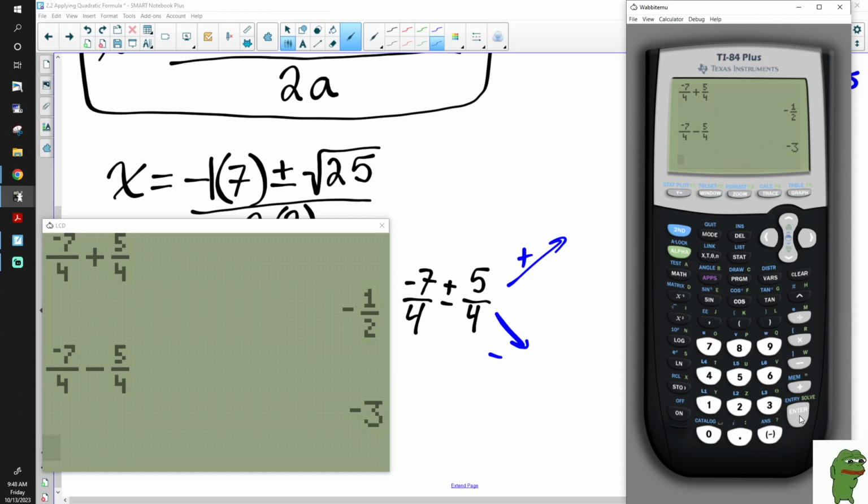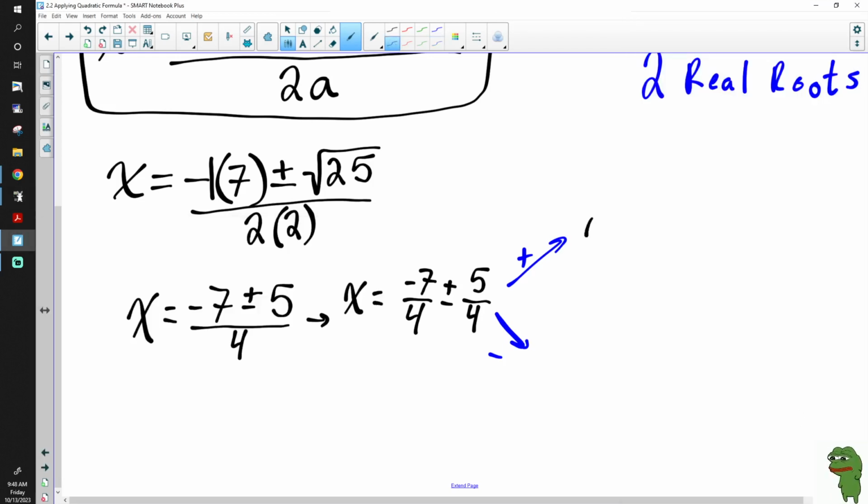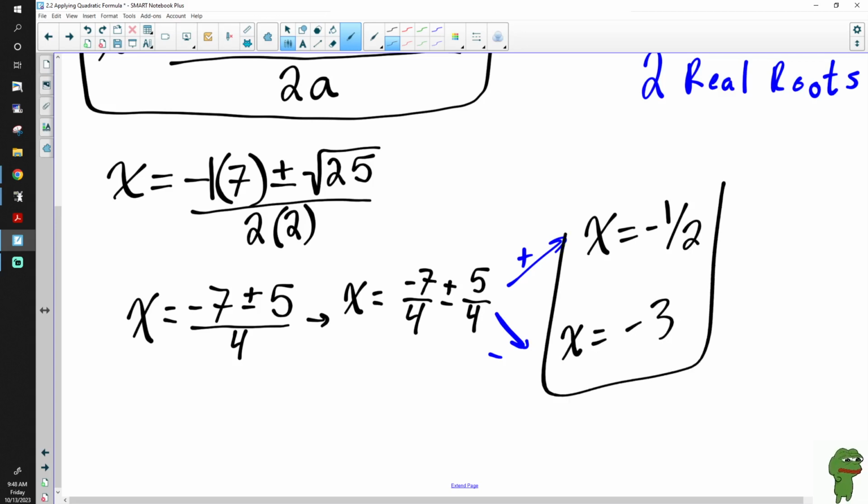This quadratic is going to cross the x-axis at negative 1/2 and at negative 3. Those are the answers. X equals negative 1/2. X equals negative 3. Those are the answers.